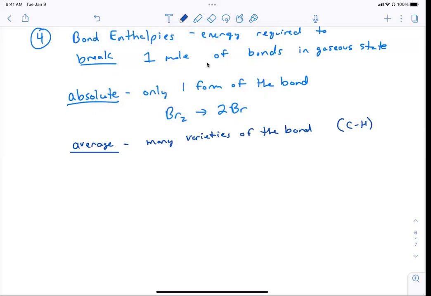So scientists don't calculate for every single possible CH bond. That would just be asinine. So what they do is take one molecule that has just C to H bonds, break them all up and average it out. They take something like CH4 and break it up into all the atoms.